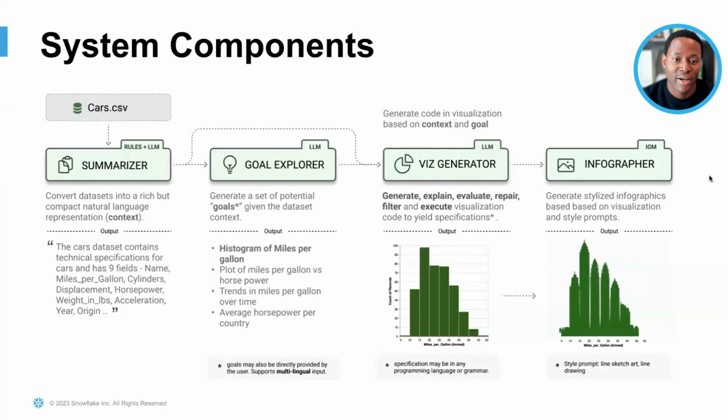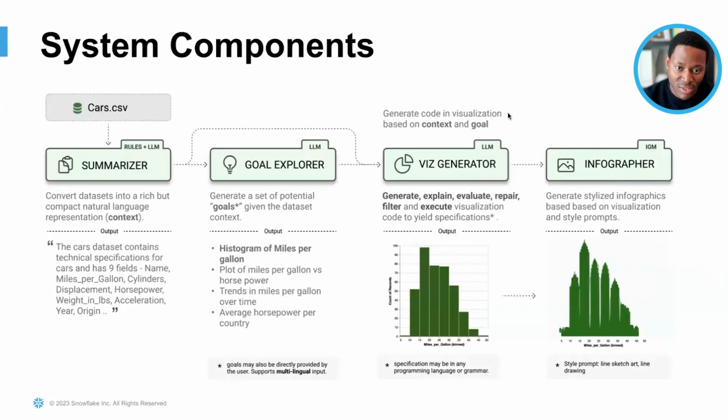The task of the summarizer is to work with the provided dataset and come up with a compact representation of the dataset. Next, we have a goal explorer. The function of the goal explorer is to take on a specific persona. This might be the persona of a data scientist, and come up with a set of goals or exploration directions that make sense with that data.